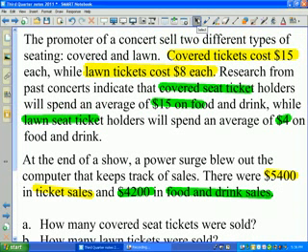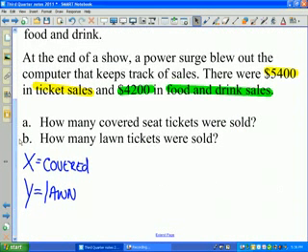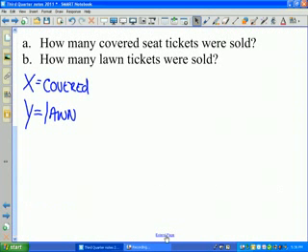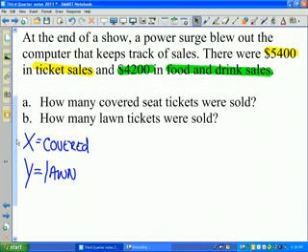In a way, I'm helping you see it visually by using 2 different color highlighters. What's in yellow is dealing just with the ticket sales, and what's in green is dealing just with the food and drink sales. Since we have those 2 things, we can set up our 2 equations.